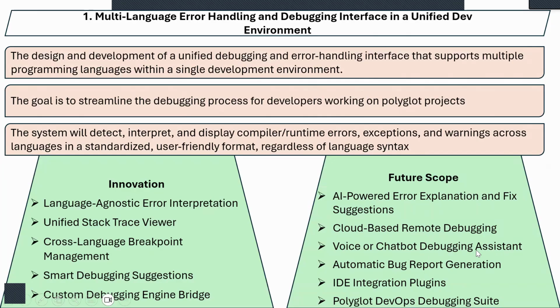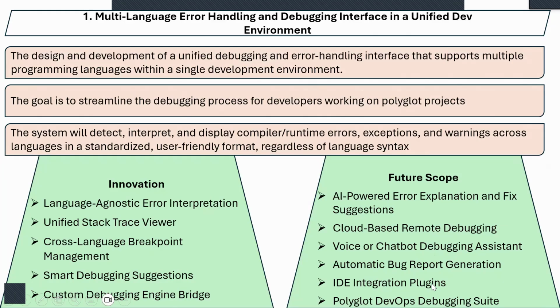Voice or chatbot debugging assistance. It implements a voice-based assistant or chatbot that explains the error causes and suggests commands. Automatic bug report generation. It auto-generates standardized, language-agnostic bug reports from debug sessions to streamline issue tracking.